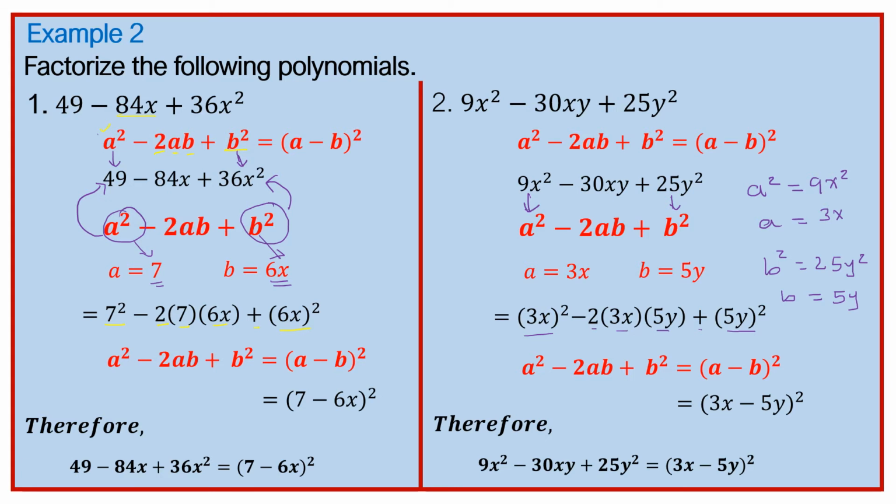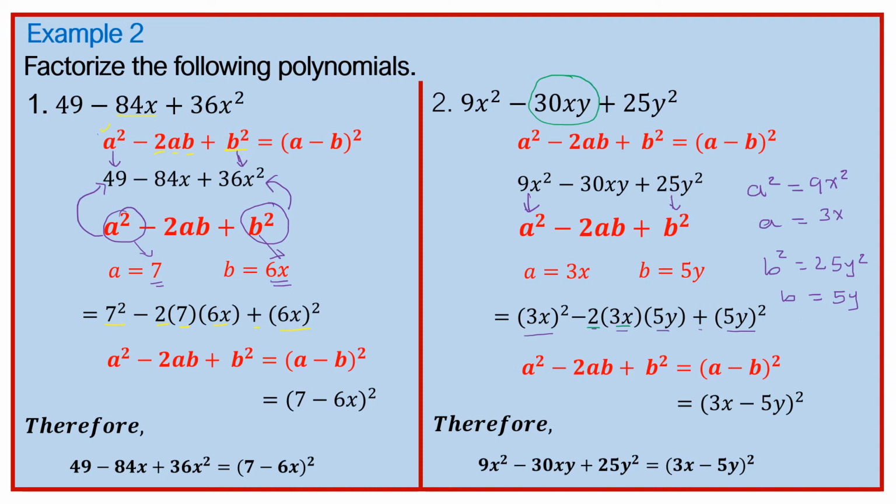So 9x squared minus 30xy plus 25y squared equals (3x minus 5y) squared. And you can also note that 2 times 3x will give me 6x, then 6x times 5y will give me 30xy.